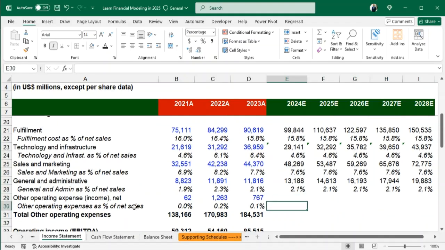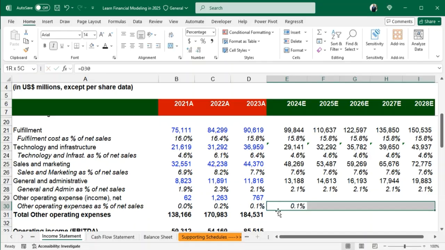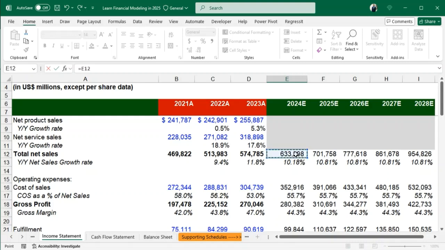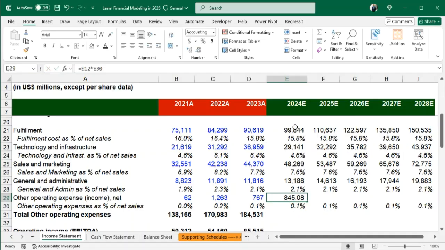All right, then for other operating expenses, we are going to do the same thing, but for here, let's pick the last year percentage here. So this is going to be equal to this, and then I can copy that to the right using Control R, and this should be equal to our revenue multiplied by the operating expense percentage. I'm going to reduce it to 0 decimal places and copy the formula to the right using Control R.